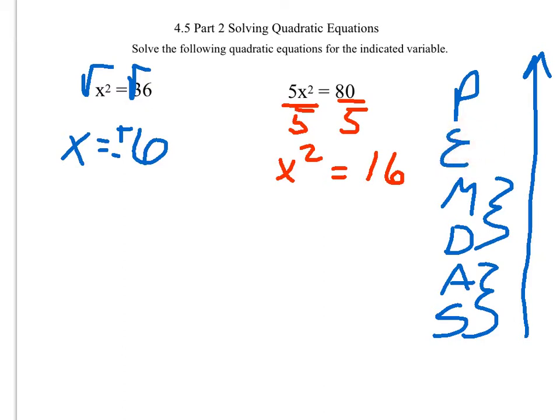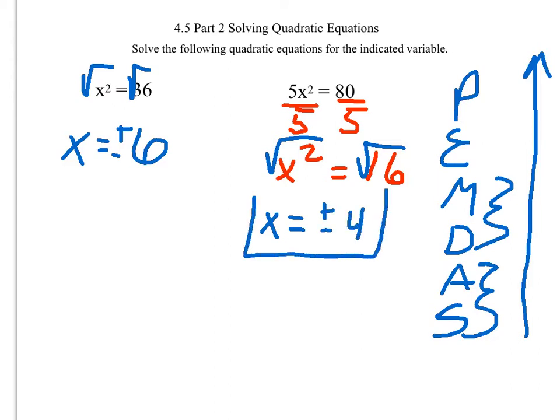So to get rid of the x squared, we square root. So now x equals, and since we're solving for x, we're taking the square root of a number, it's going to be positive or negative 4. So there's our answer. The graph is crossing at both positive 4 and negative 4. Over here, the graph is crossing at positive 6 and negative 6.